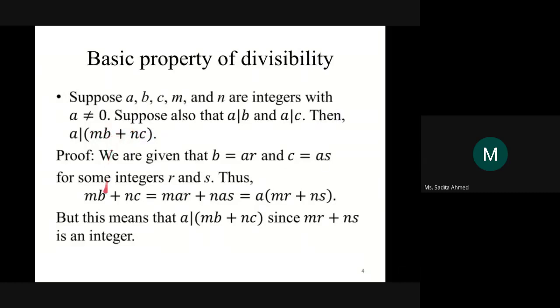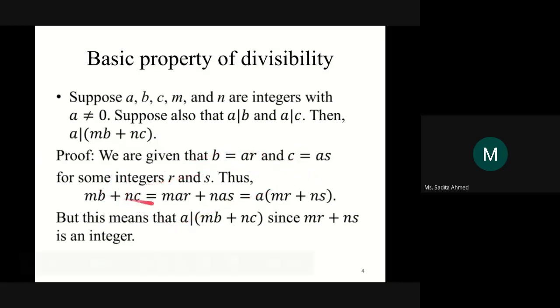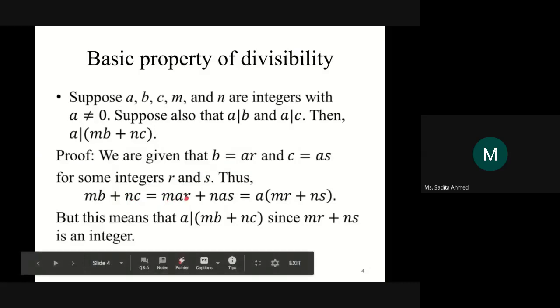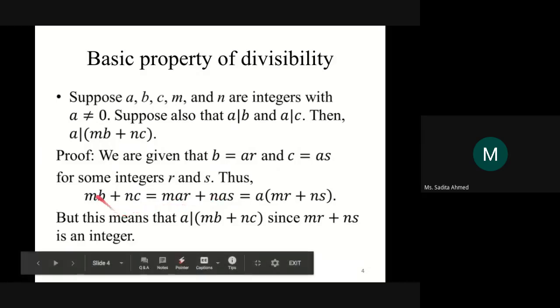Now, here we have B and C. We know that B is equal to AR for some integer R and C is equal to AS for some integer S. So can we not just replace B and C with these two values respectively, and we get M multiplied by A multiplied by R plus N multiplied by A multiplied by S? Can we not get the sum of these two product terms?